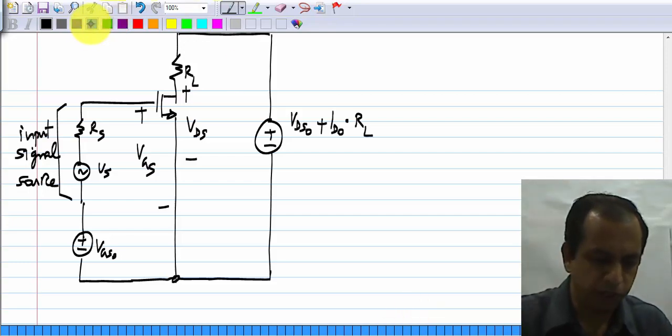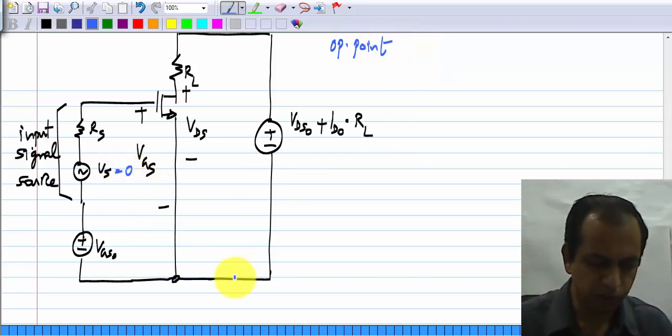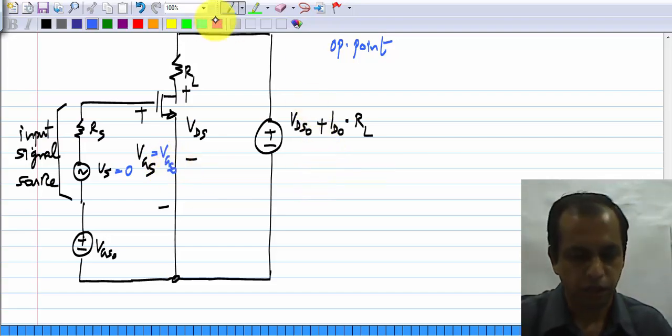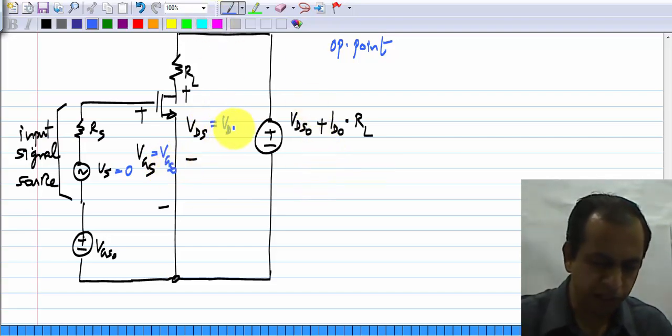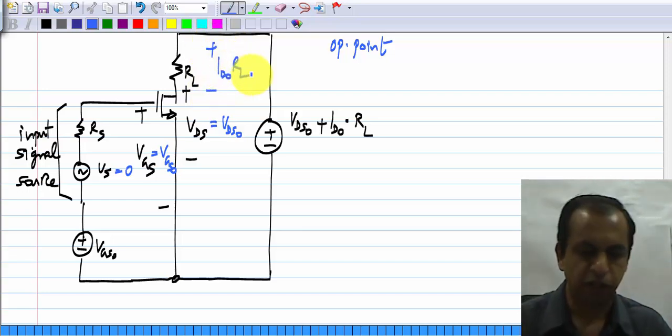So, what happens in the operating point case? I will show that in blue. In the operating point case, this Vs will be 0 and VGS will be VGS 0 and VDS will be VDS 0, and there will be a voltage drop ID 0 RL across this.